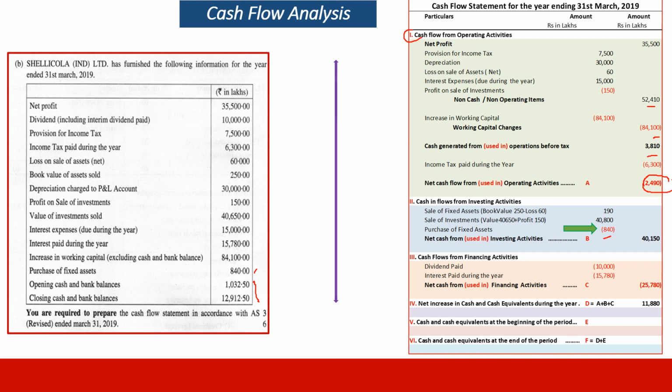From investing activities, we have got 40,150, and from financing activity we have got an outflow of 25,780. Minus 2,490, 40,150 minus 25,780. Our net increase in cash and cash balance during the year is A plus B plus C, coming to 11,880.